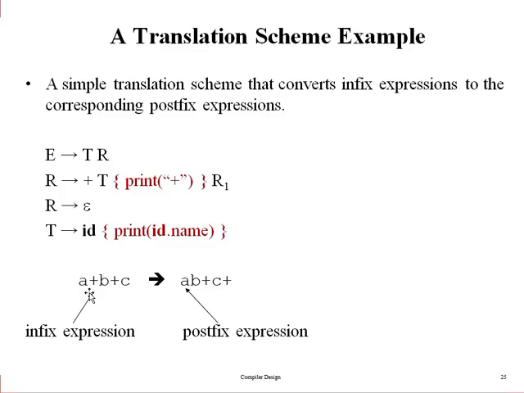This is an infix expression, a plus b plus c, and a b plus c plus is the postfix expression. So to convert this infix expression to postfix, we can have such a translation scheme. This translation scheme notation can be used for converting infix into postfix. So let's consider this example.